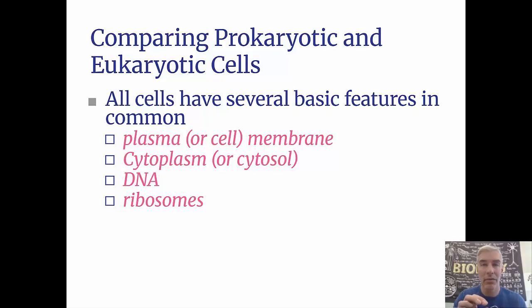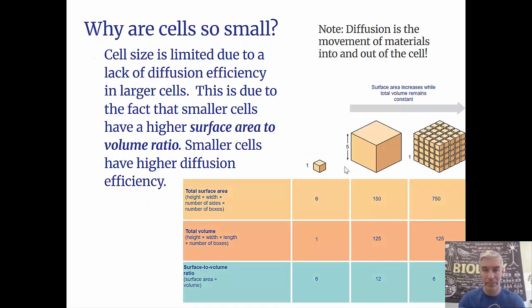DNA is the recipe book for making proteins, right? That's where your genes are. Prokaryotes have DNA, eukaryotes have DNA. And ribosomes. Now, prokaryotic ribosomes and eukaryotic ribosomes are slightly different. They're similar. They have the same basic job, but both prokaryotes and eukaryotes have ribosomes, okay? And that's kind of where the similarities in terms of structures end.